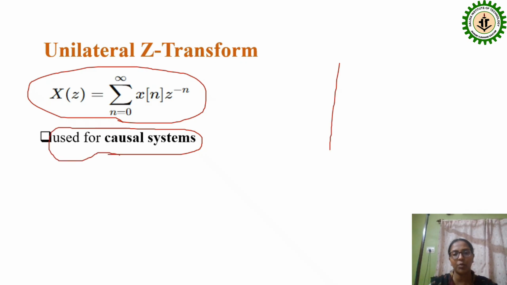Similarly, if this is your 0, this is your plus infinity and this is your minus infinity, then from 0 to plus infinity, the right side is here.